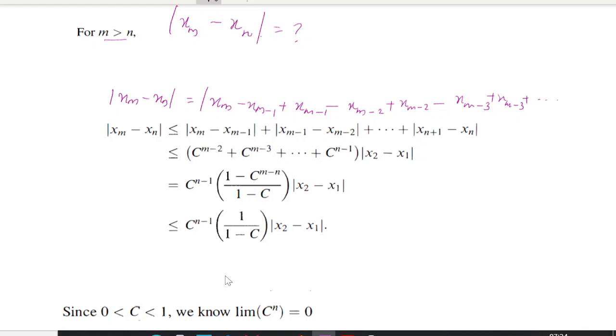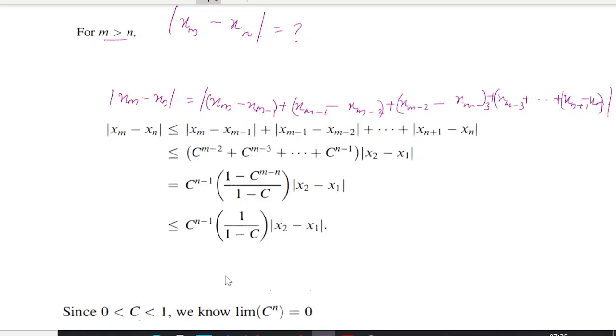Plus etc. The last term should be xn plus 1 minus xn, modulus of this. Now if I am splitting this, okay, I can have it like this.